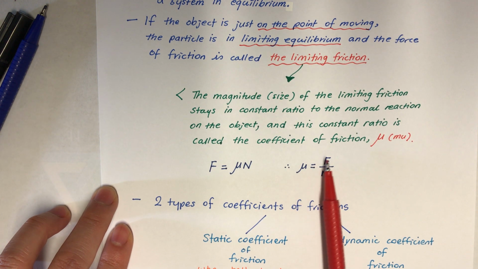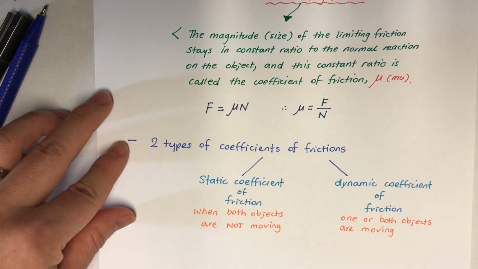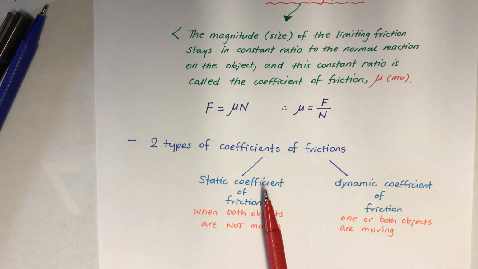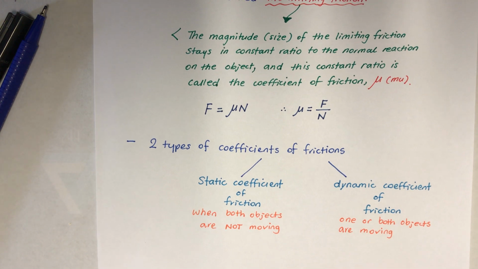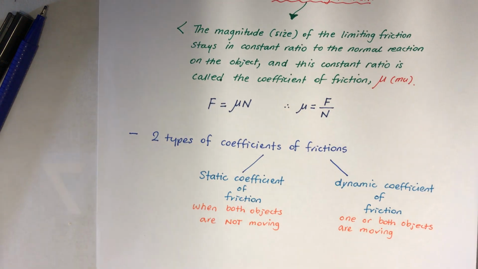If you want to find mu, you could do F over n. There are two types of coefficients of friction, static and dynamic. Static is when both objects are not moving, whereas dynamic is when one or both objects are moving. Dynamic is sort of something exciting.